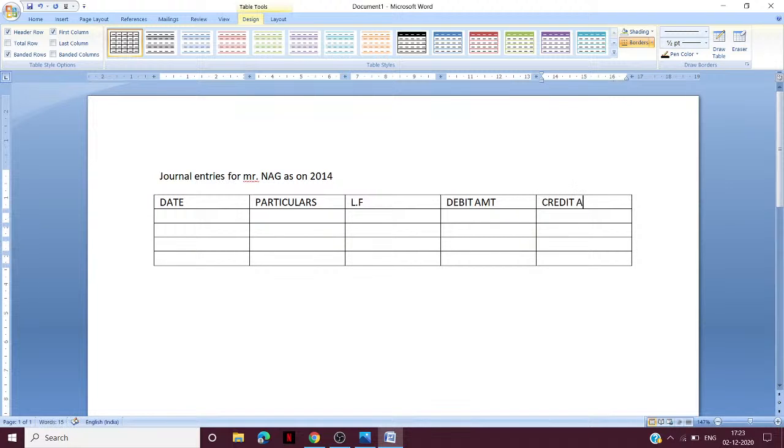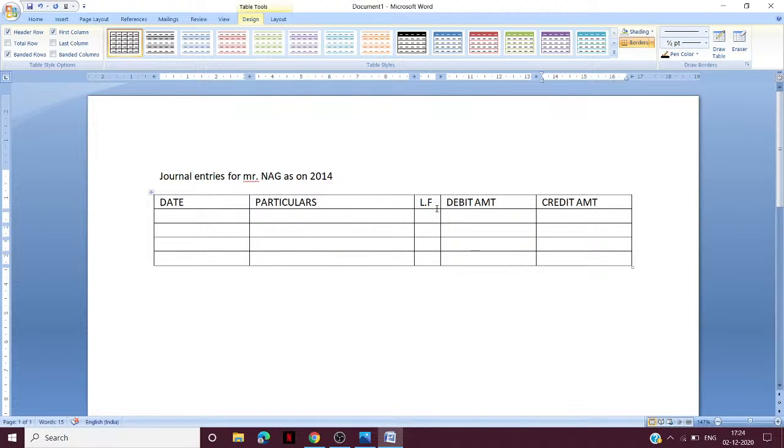This is the format. Remember students, format is always very important in accountancy. A journal entry always has 5 columns: date, particulars, LF number, debit amount and credit amount. LF number should be very short.